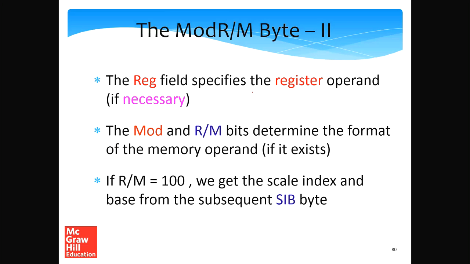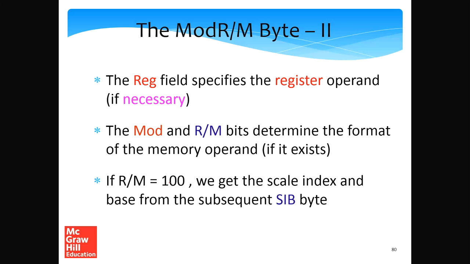Now let's discuss the ModR/M byte in some more detail. As I mentioned in the previous slide, the reg field specifies the register operand if necessary. The mod bits, in consonance with the R/M bits, determine the format of the memory operand if it exists. Let us now discuss some special cases.